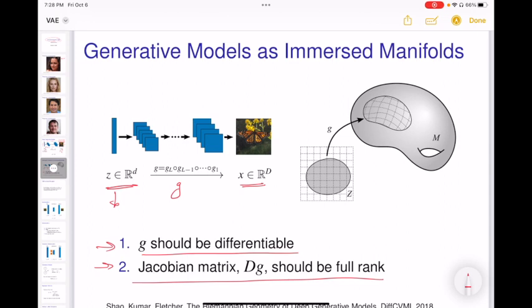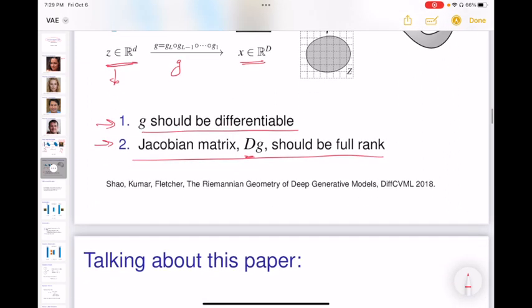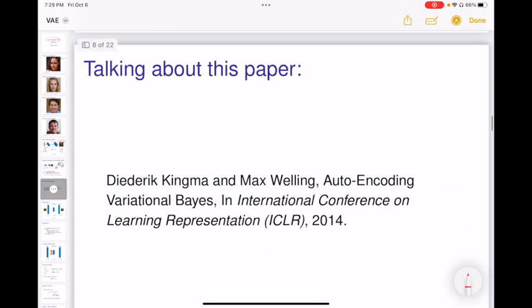And then the properties of immersion also apply to these neural network layers. This can be done by checking the Jacobian matrix, like we did in the previous lecture. We were calculating the Jacobian matrix of the transition function and then seeing if it is full rank. So in this case, you should check if that Jacobian matrix is full rank, and that will tell you if this is an immersion or not.